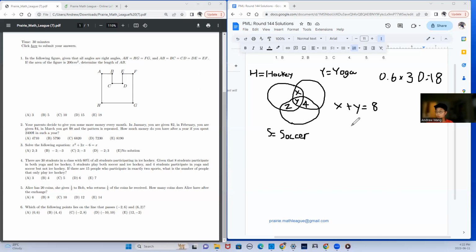And we also know that Y plus Z, between ice hockey and soccer, Y plus Z equals 5.